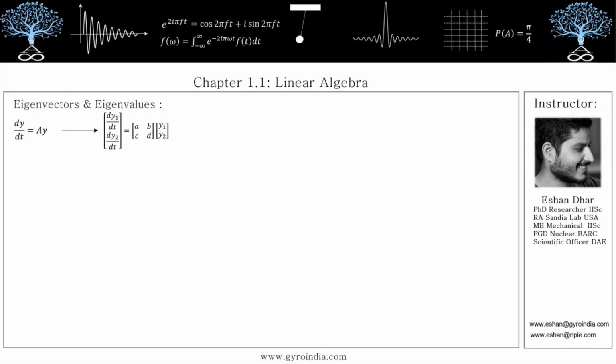Eigenvectors and eigenvalues were first discovered by solving a set of differential equations as shown. Here we have used compact matrix notation to show this.